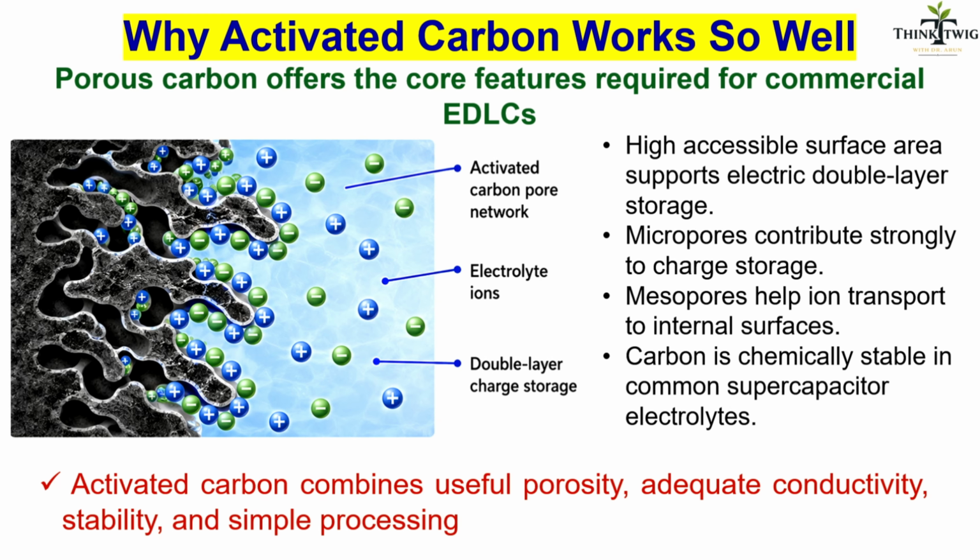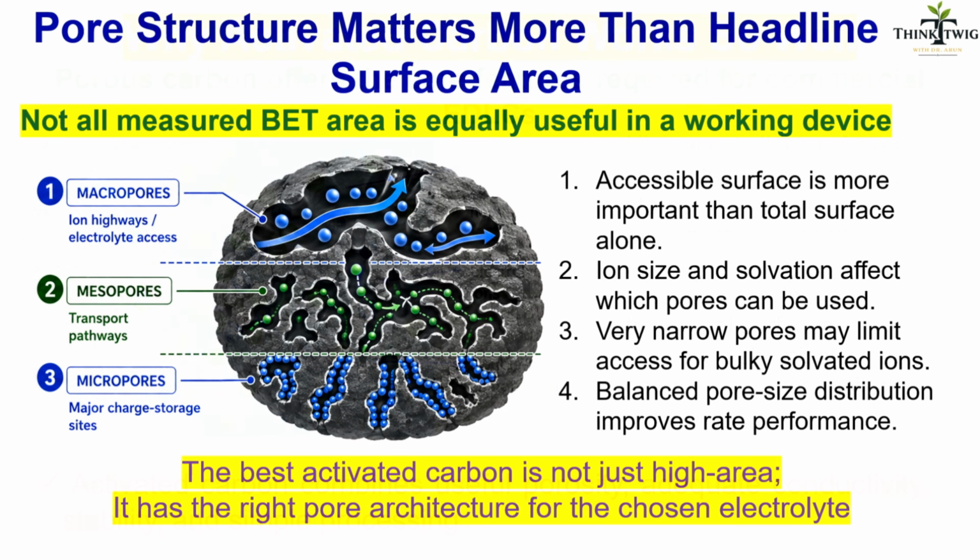And there is another important detail. Even when two activated carbons have high measured surface area, they may not perform in the same way. The reason is the pore structure. Here, this addresses a very common mistake. We see a very high BET surface area and immediately expect very high device performance.